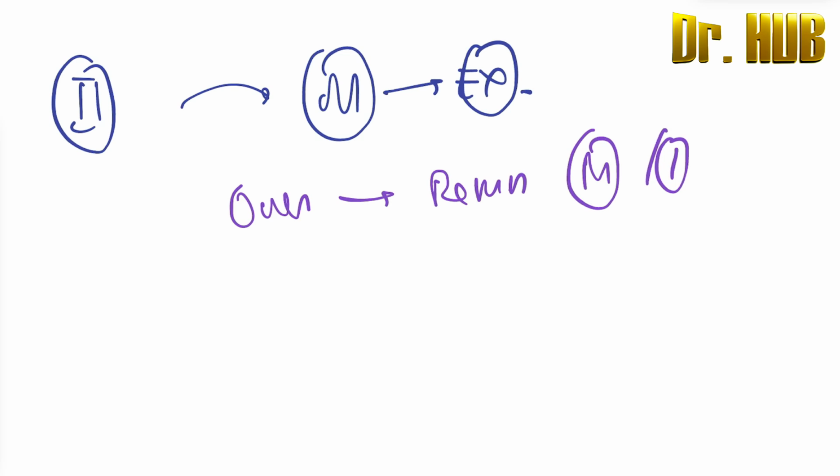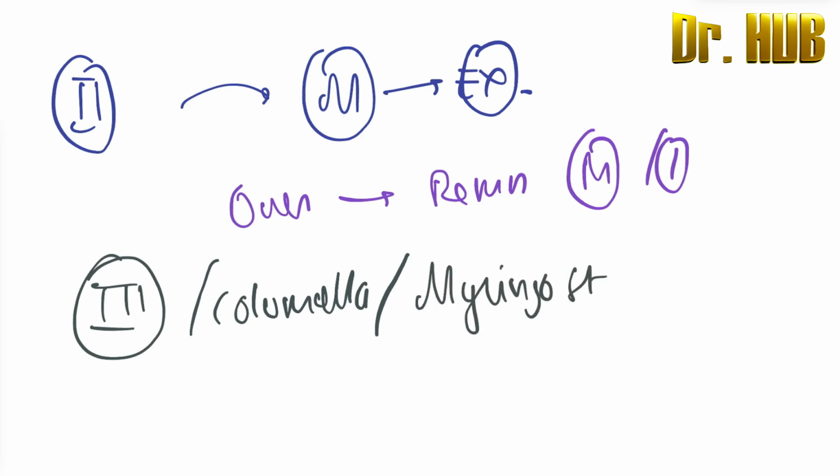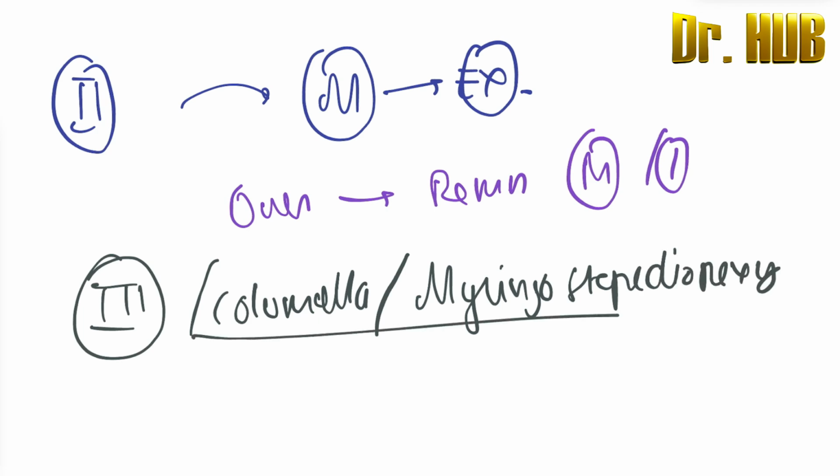Next we move on to type 3, or the columella, or the myringostapediopexy.